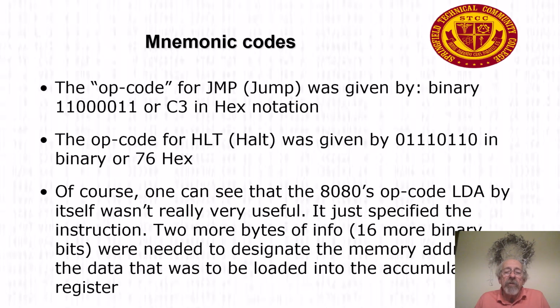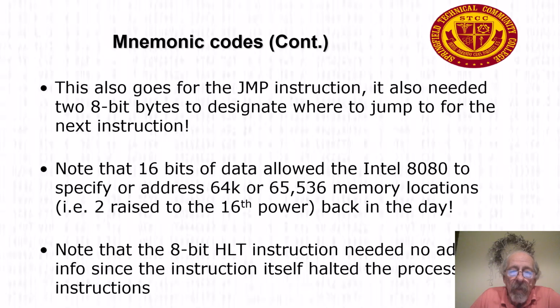Of course, one can see that the 8080's opcode LDA by itself wasn't really very useful. It just specified the instruction, which was to load the accumulator. 2 more bytes of info, 16 more binary bits, were needed to designate the memory address of the data that was to be loaded into the accumulator. The Intel 8080 could address 16-bit memory addresses. This also goes for the jump instruction.